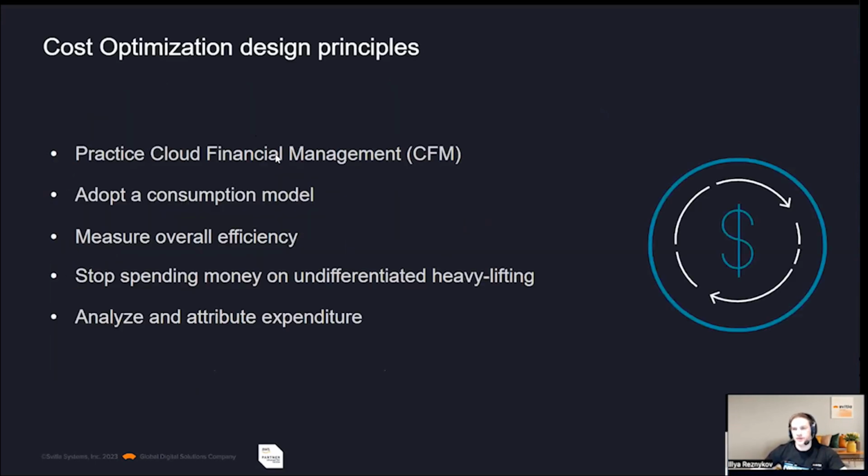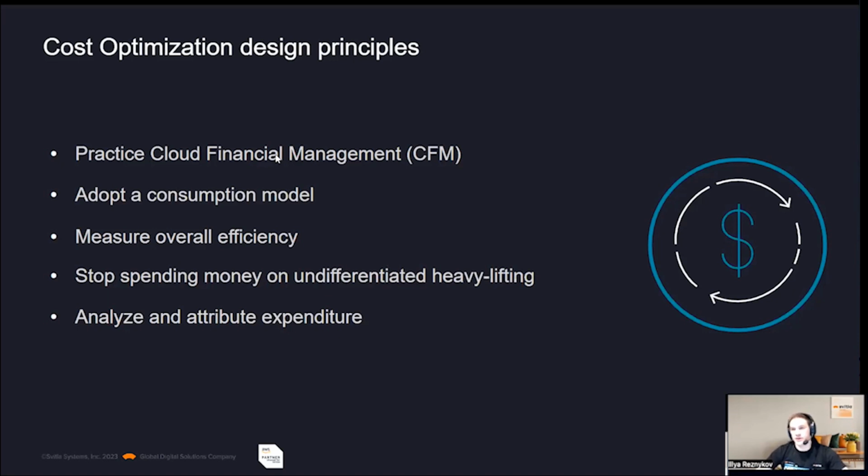The design principles in this pillar are the following. At first, we need to practice cloud financial management. It's about observability, assigning who is responsible for which resources, adding resource visibility from a cost point of view.